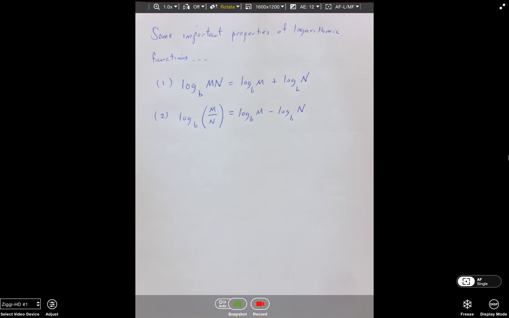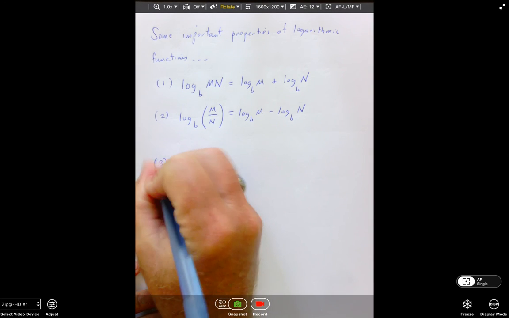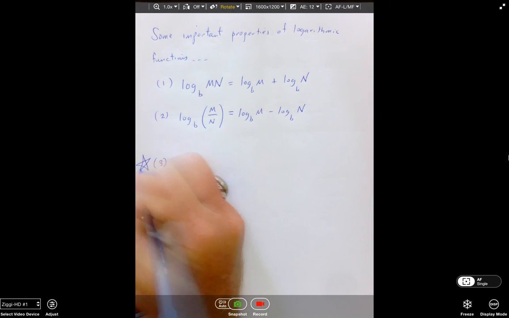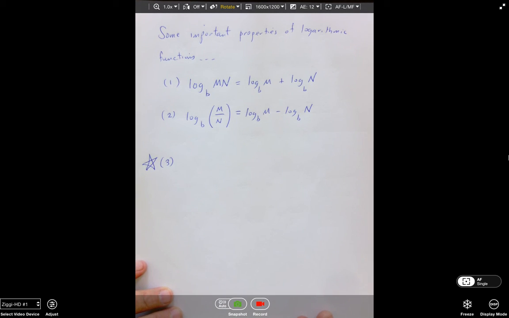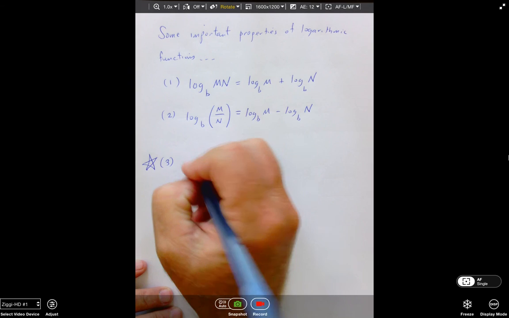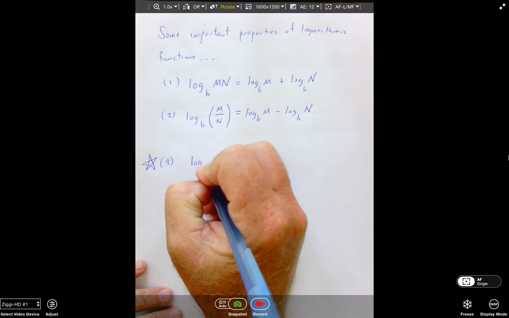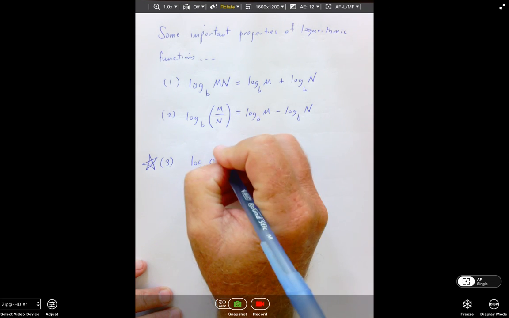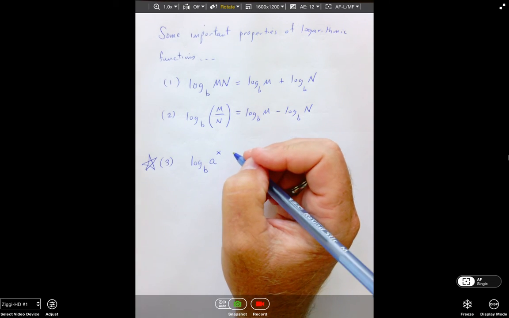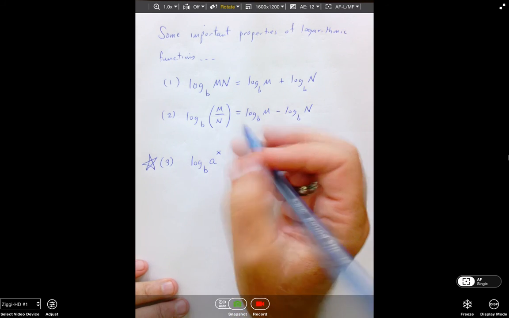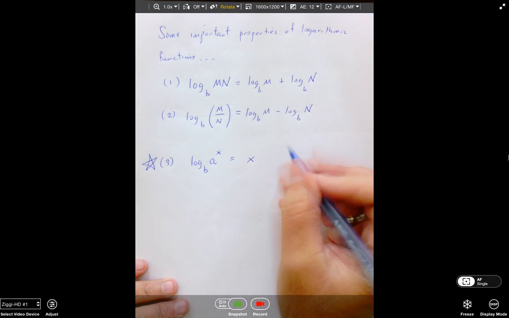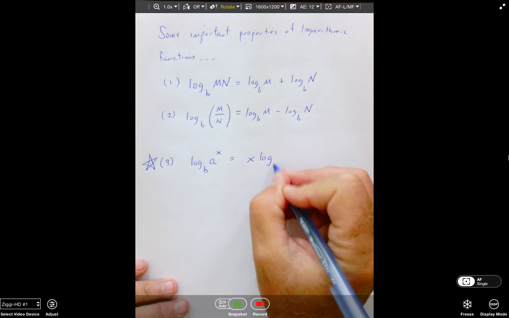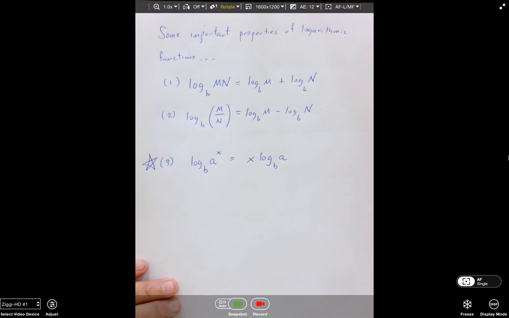But guys, probably the most important property, for this reason I'm going to put a big star beside it, the one that we run into, is that the log base b of a to the x power is equal to x times the log base b of a.